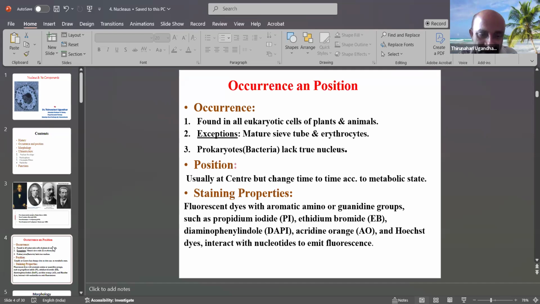So the fluorescent dyes with aromatic amino or guanidine groups, such as propidium iodide (PI), ethidium bromide (EB), diaminophenylindole (DAPI), acridine orange (AO), and Hoechst dyes, interact with the nucleotides and emit fluorescence.